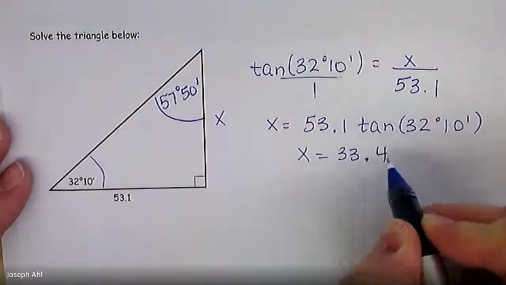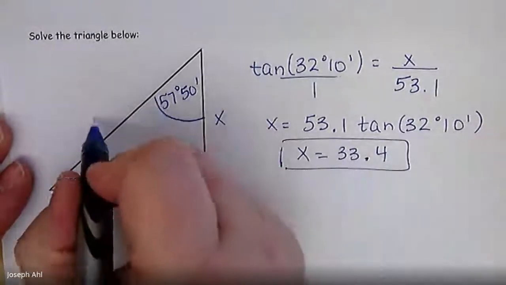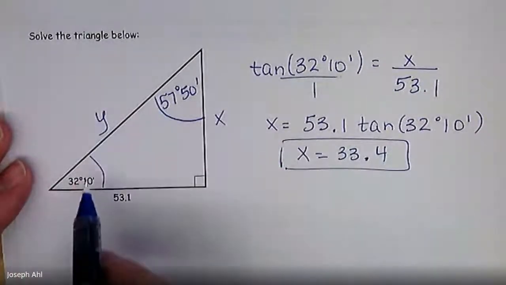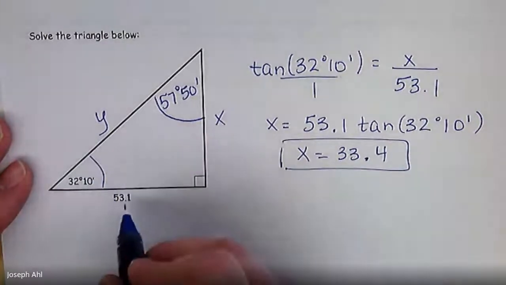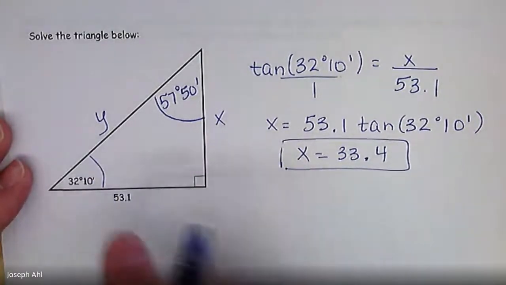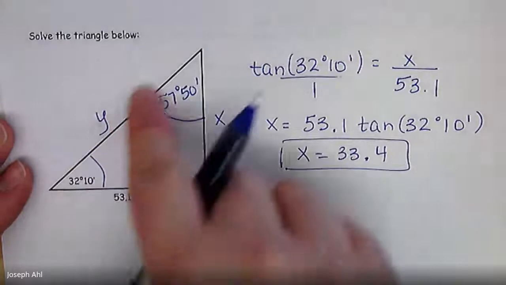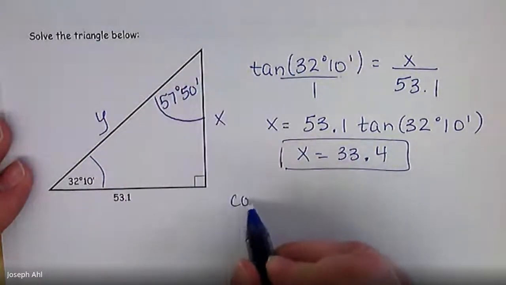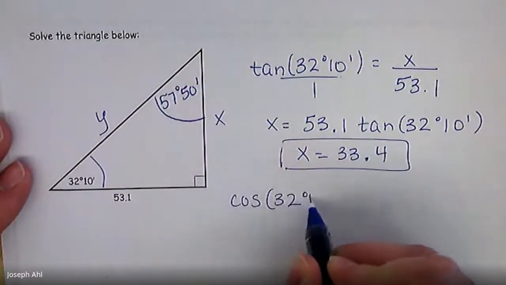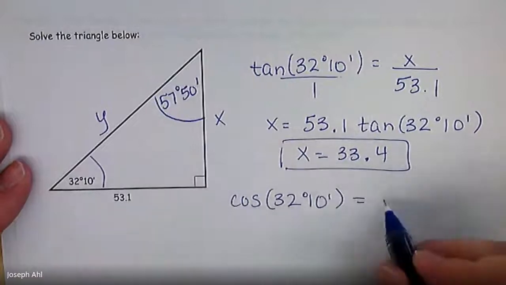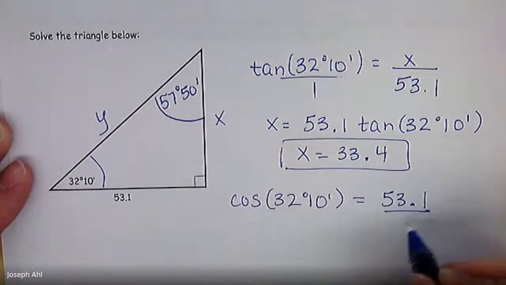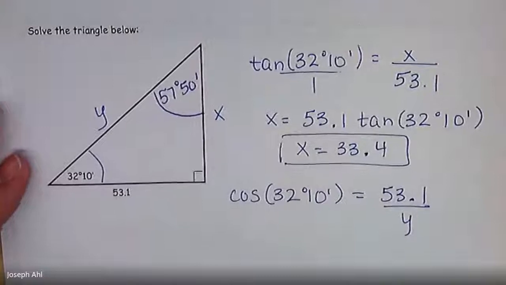Okay. I'm going to call the hypotenuse y, and I'm actually going to use the same initial angle and the same side that's given. So now if I'm using this side and this side, that would be cosine of 32 degrees, 10 minutes. That would equal adjacent over hypotenuse. So adjacent 53.1 over y.